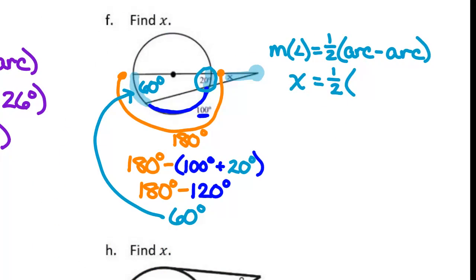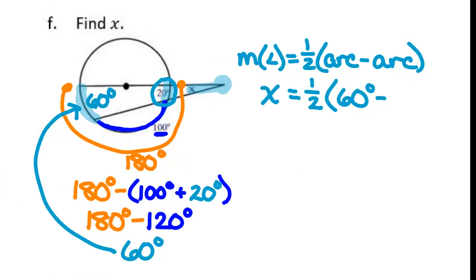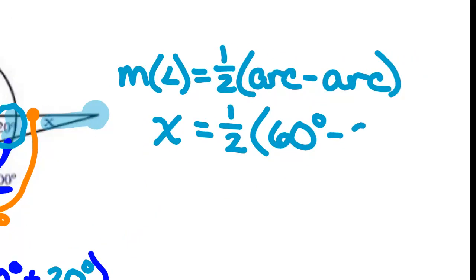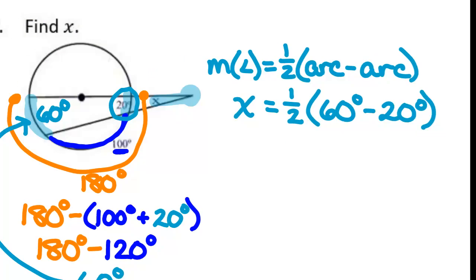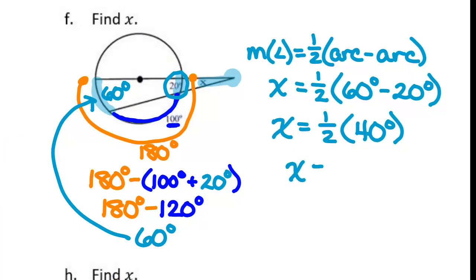What is the bigger intercepted arc? 60. Minus the smaller intercepted arc, which is how big? 20. What do we get if I do 60 minus 20? 40. So x is half of 40 degrees. And what is half of 40? 20. So x is 20 degrees.